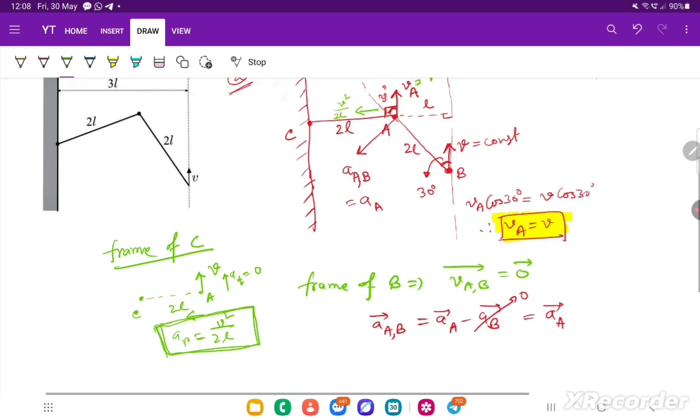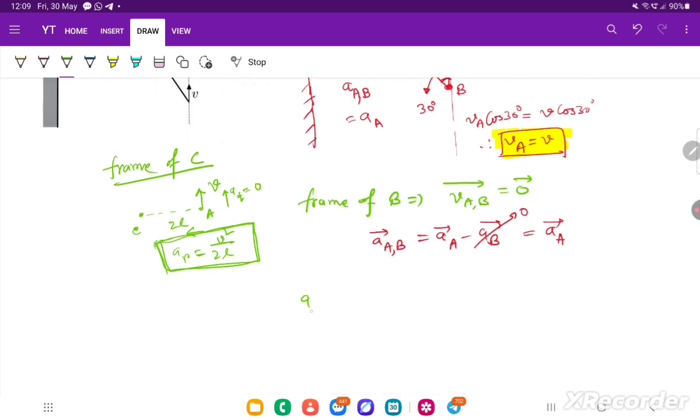So now it's very simple, I guess. We know the direction of net acceleration, this one, and its magnitude I have assumed as A of A, and its component along AC is v square upon 2L, and this angle will also come out as 30 degree. So we'll simply write A cos 30 degree equal to v square upon 2L.